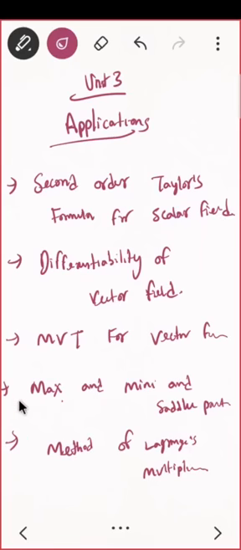If you are having a single function and you want to find maxima and minima, then there is some test you can do, and you will get maxima and minima. This is most important. Method of Lagrange multiplier is very useful in many cases. In physics also this has many applications, you will see.